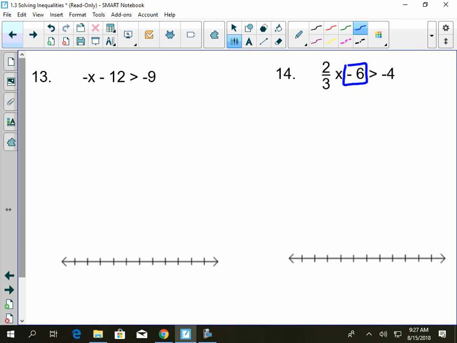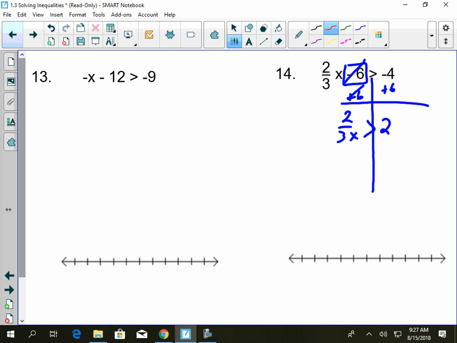You can't get rid of the fraction if you have a loner. So I'm going to add 6 to both sides. The 6's cancel, leaving me 2/3 x is greater than 2. Did I multiply or divide anything? No. So I don't flip the inequality sign.